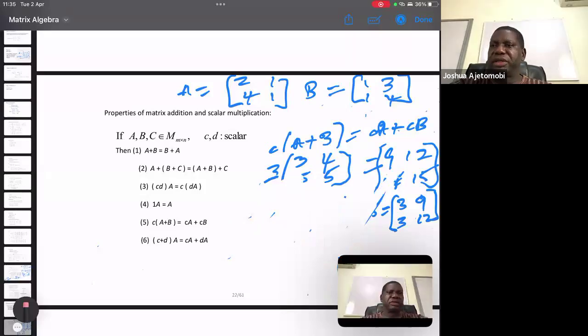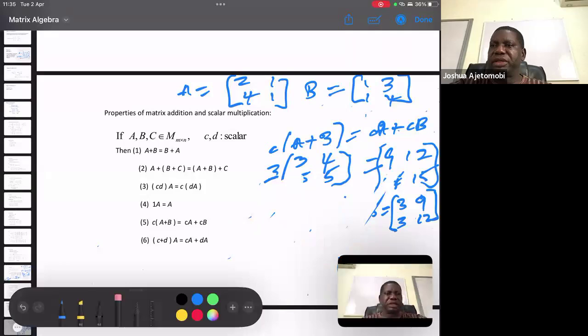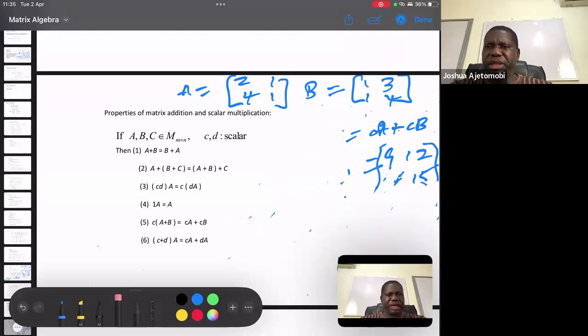So it's a property that stands in the dimension of the matrices that we're trying to multiply together.